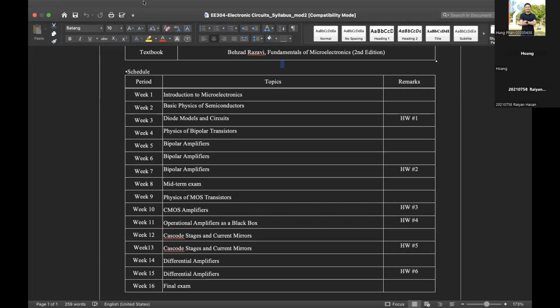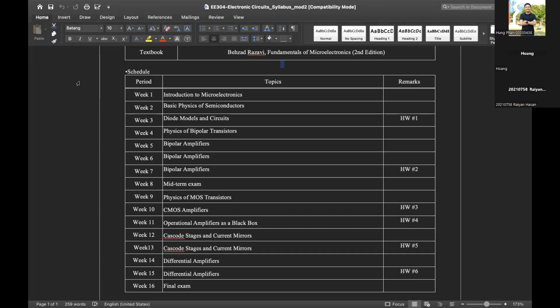For now, I think latch-up is not necessary. Actually, in layout, there are some rules to avoid latch-up, right? Yeah, right.